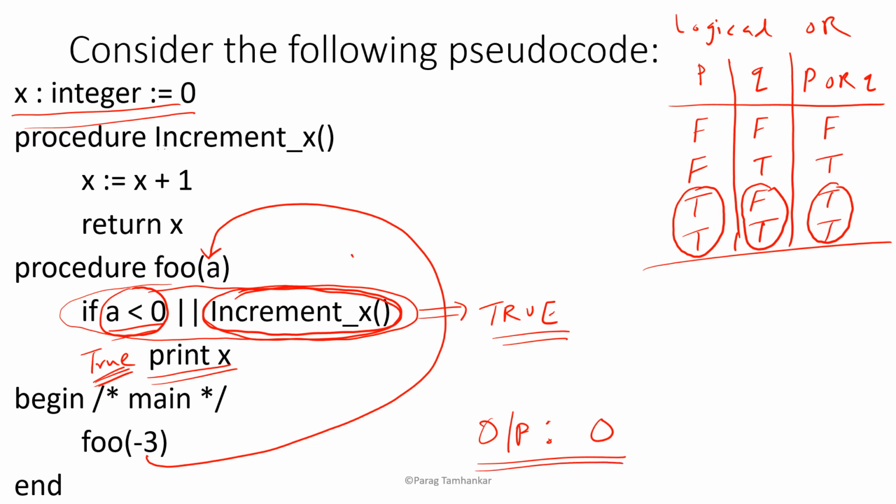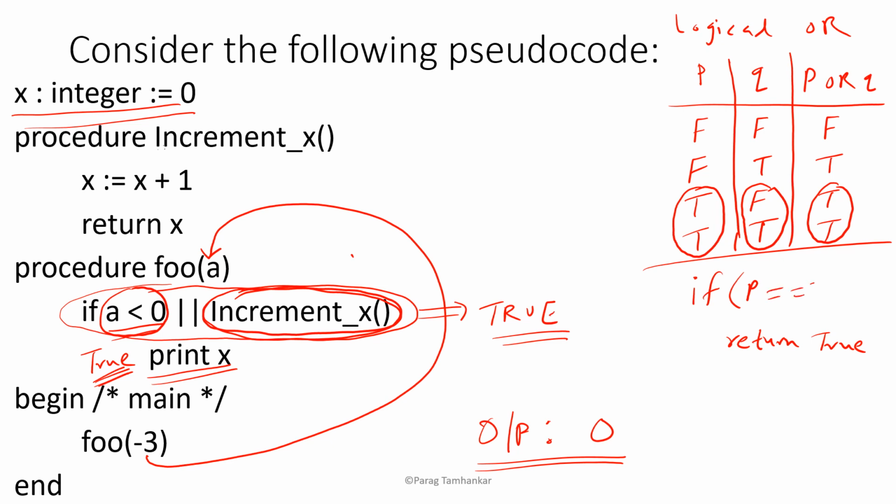So how does this OR operator get evaluated? It will check if the first part of the condition is true or not. If the first part of the condition is true, it will directly return true, because if P is true, then return true. Maybe I'll write it properly for your convenience.